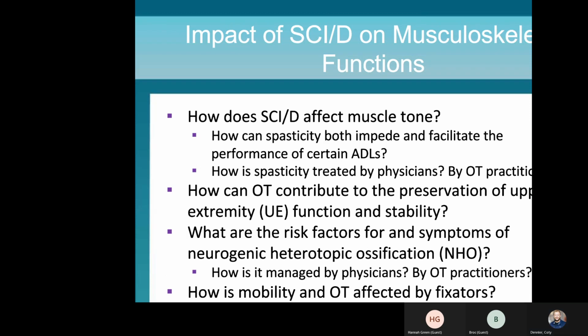And then once the shock is over, you'll start seeing an increase in tone. Normally, about 80% of patients will experience spasticity. And I know you all talked about spasticity and flaccidity, right? There are medications that can be given to help reduce the spasticity, but that comes with its own set of problems.